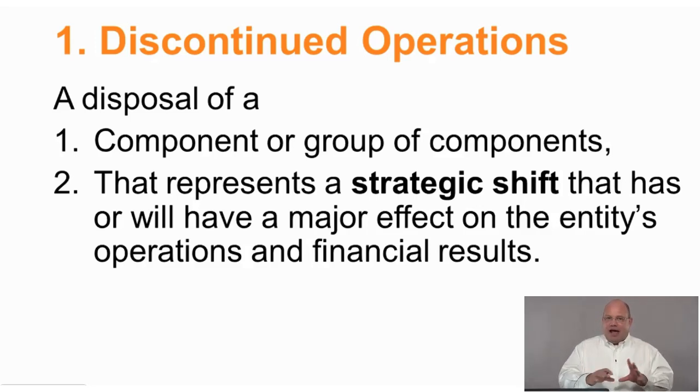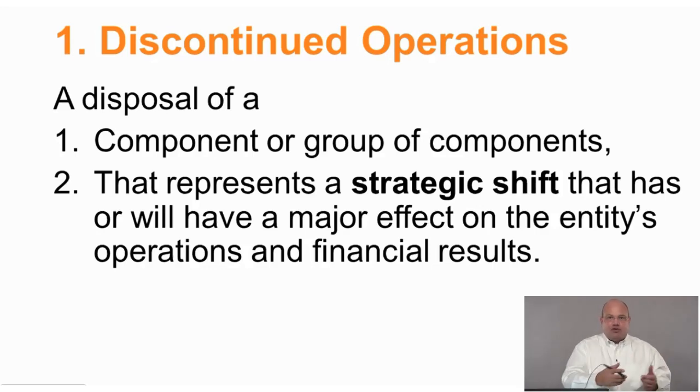Let's pretend that we have a restaurant chain that has thousands of restaurants across the world. If they close one of those restaurants, that is not a discontinued operation, because that one restaurant is not a component of the organization. It's one piece of it.